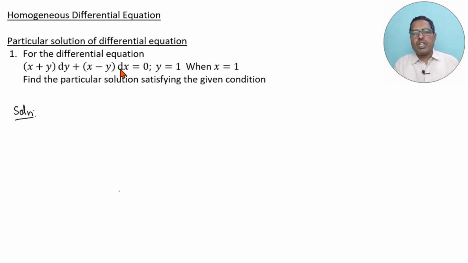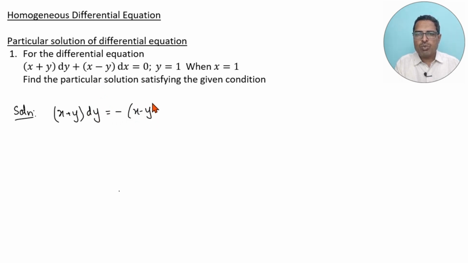Let's try to rewrite this differential equation in the form of dy by dx. I'll retain (x + y) dy as it is. Sending (x − y) to the other side, it becomes −(x − y) dx.